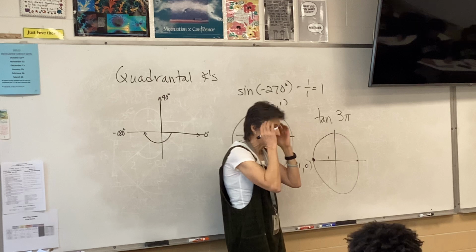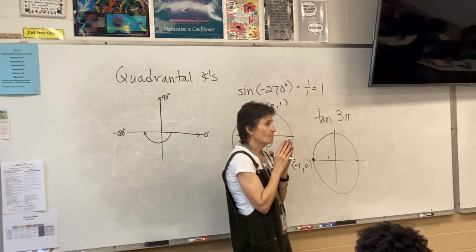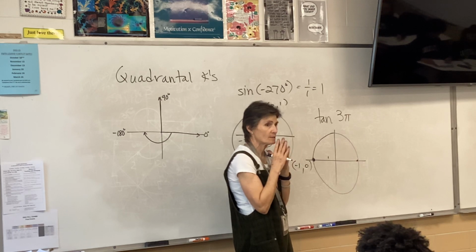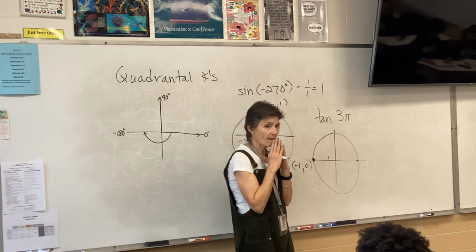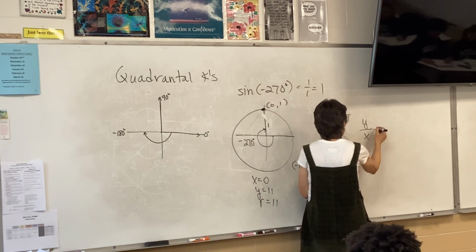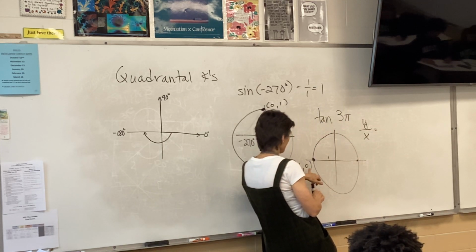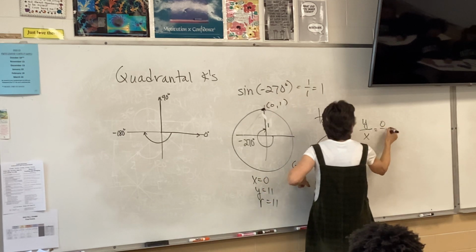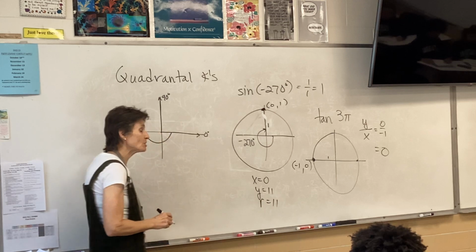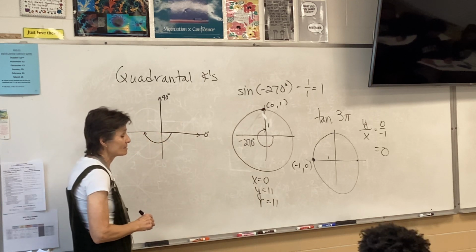Okay, stop and think. Tangent is opposite over adjacent, but in terms of our circular definitions, it would be y over x. So y over x would be 0 over negative 1, which is 0. So the tangent of 3 pi is 0.